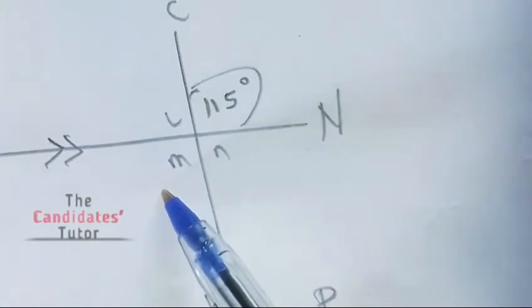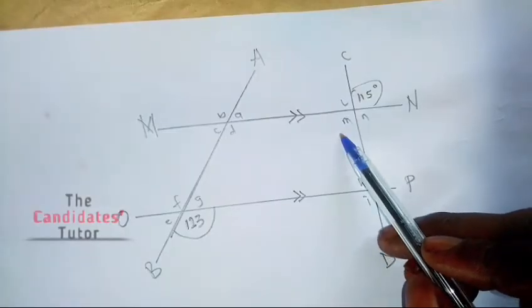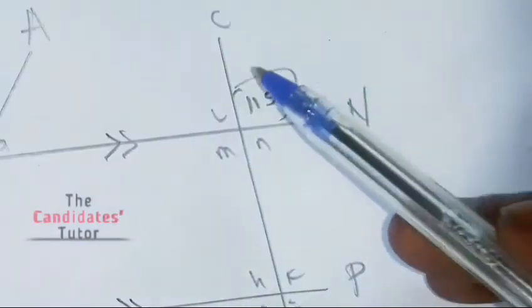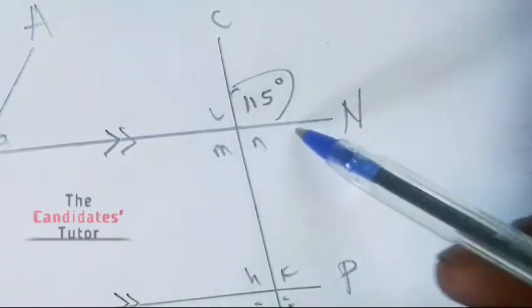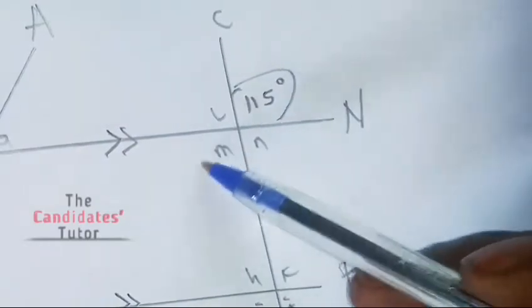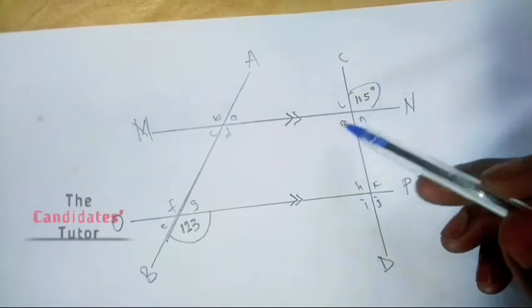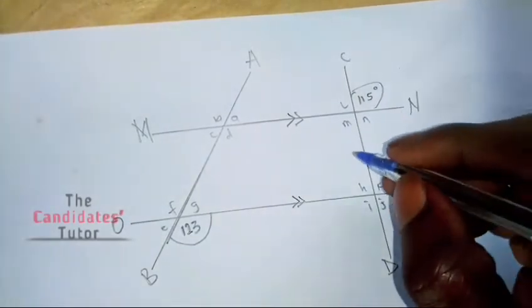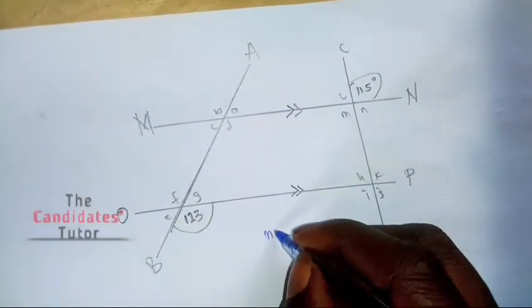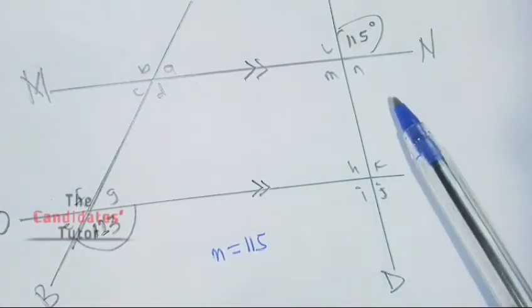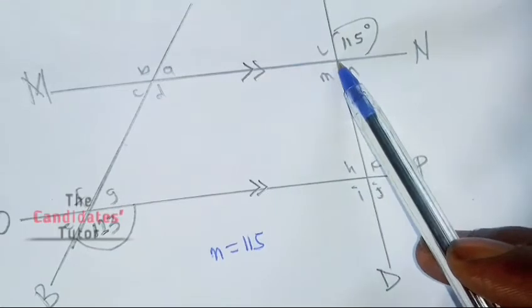You realize that we talked about vertically opposite angles. So take it as if this is an X or scissors. Realize that this side and this side are vertically opposite. So we can say that M is equal to 115 because it is vertically opposite to 115.